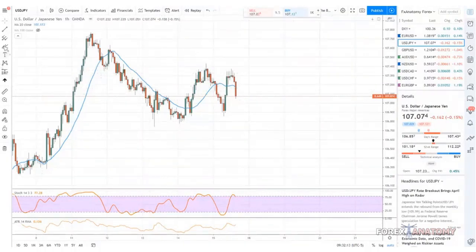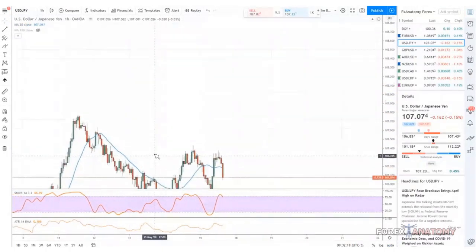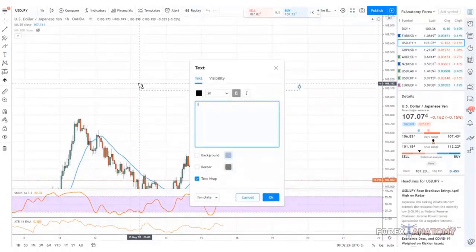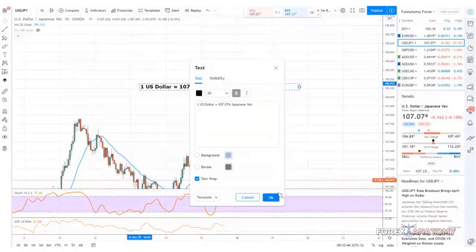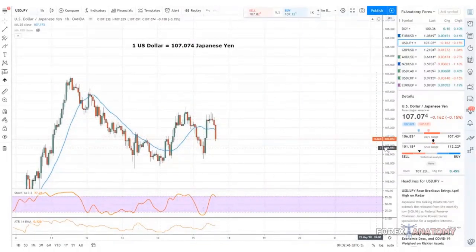In other words, I'm going to write it down here: one US dollar equals 107.074 Japanese yen.